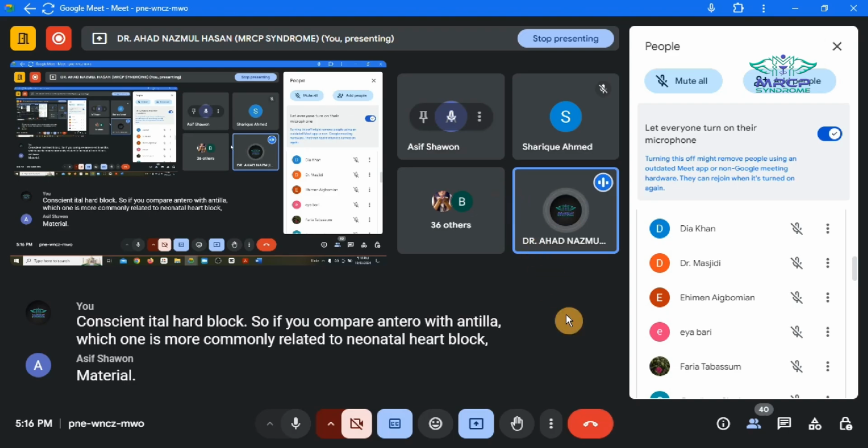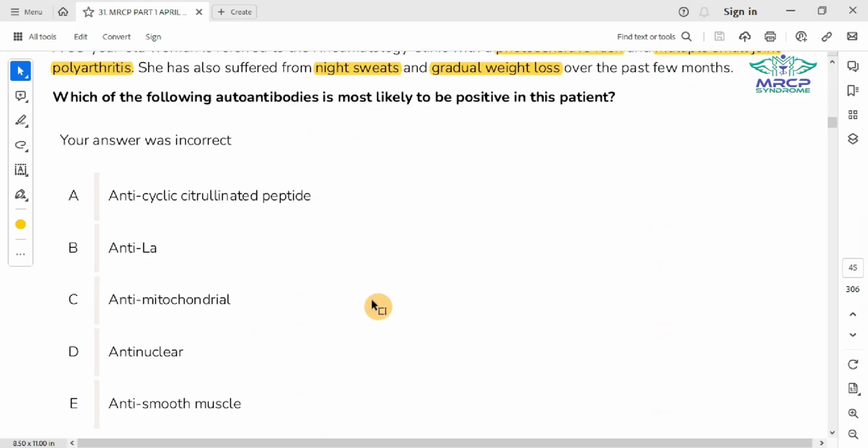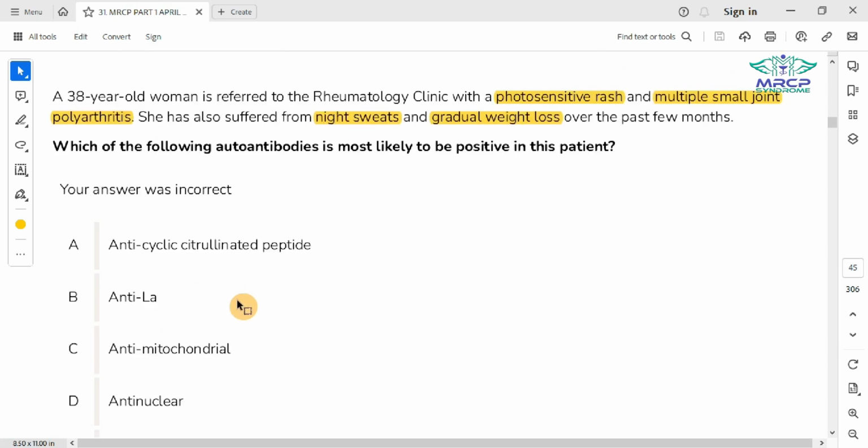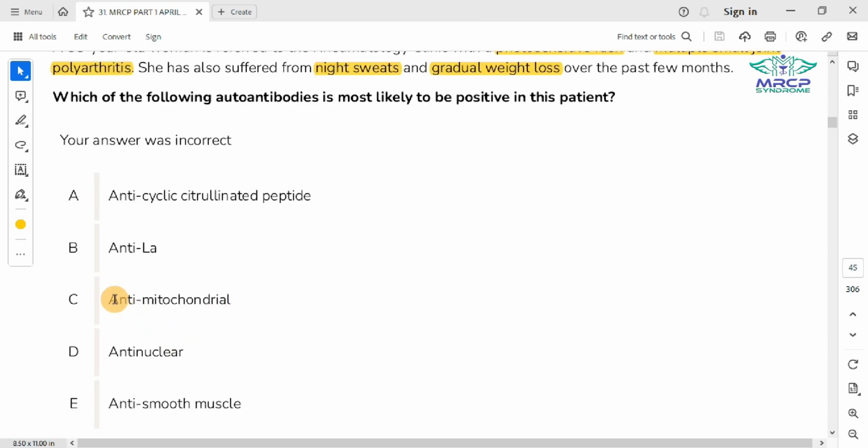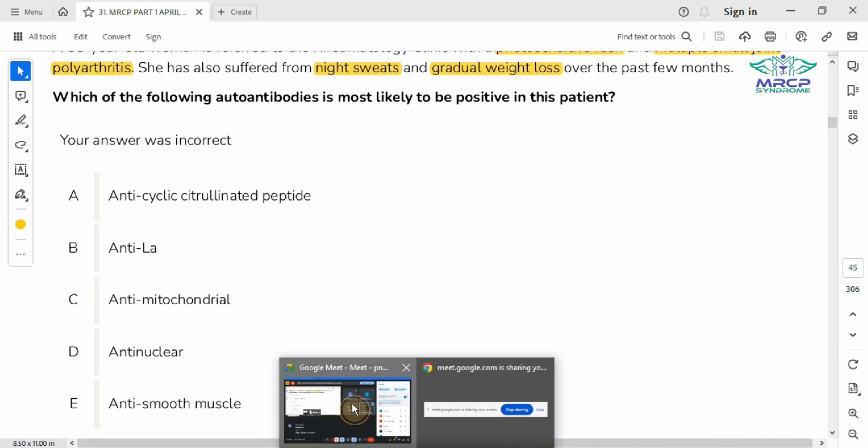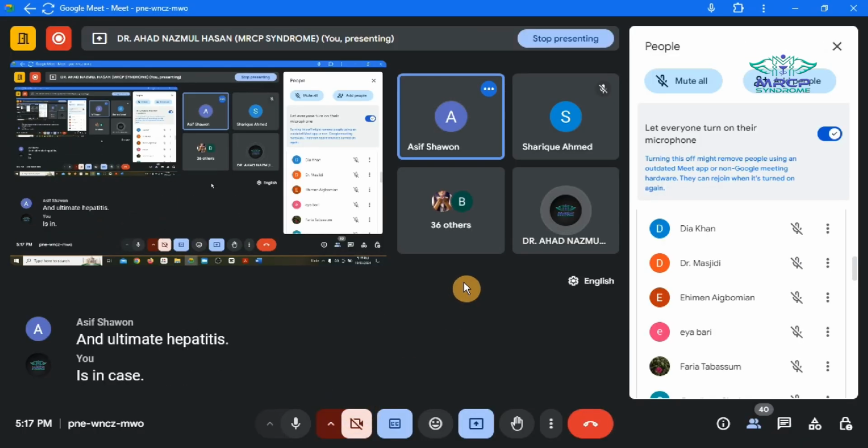Yes, anti-Ro is more commonly related to neonatal heart block. And anti-mitochondrial in which condition? In case of PBC. Yes, primary biliary cirrhosis or cholangitis. And anti-smooth muscle in autoimmune hepatitis. Yes, in case of autoimmune hepatitis.